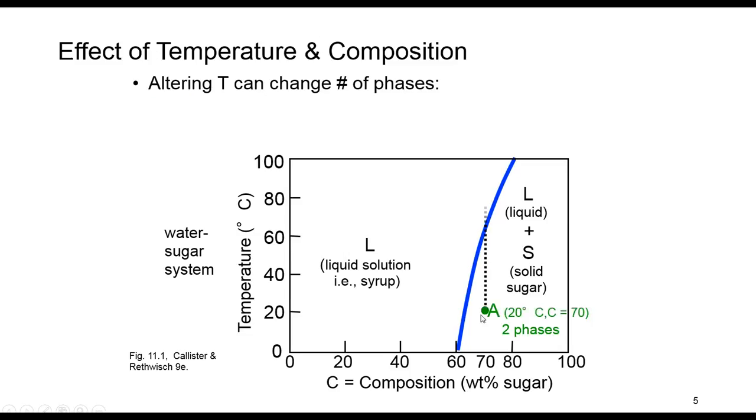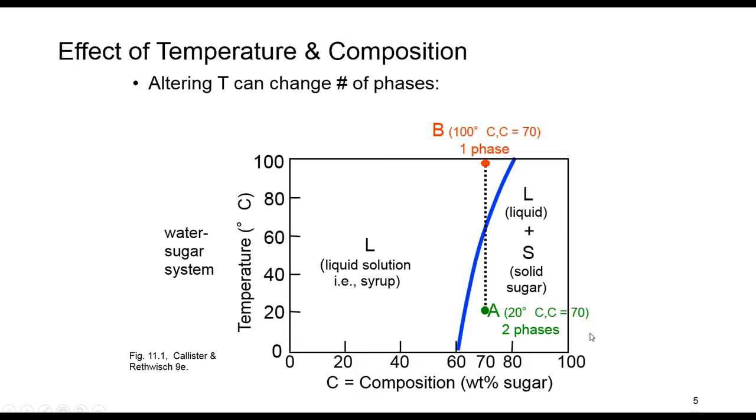Now look at this system and at this chart. Here we want to show different phases and different states of the sugar water system at different temperature versus different composition. It's very similar to the previous slides that we showed. We want to see what altering temperature can cause in the system.